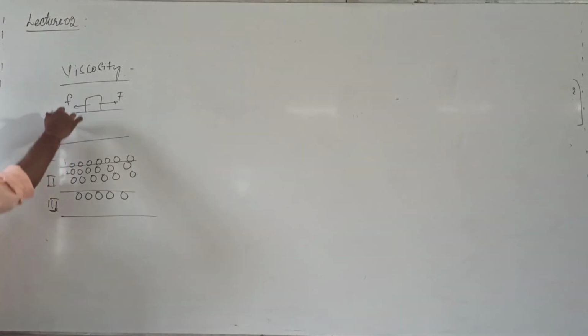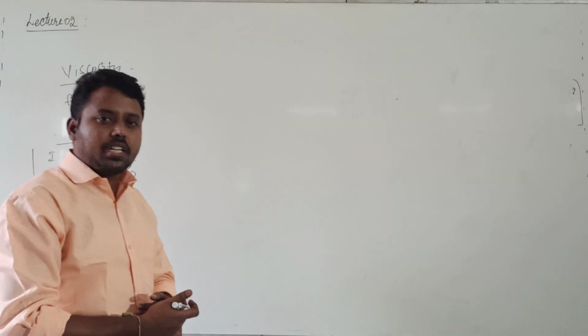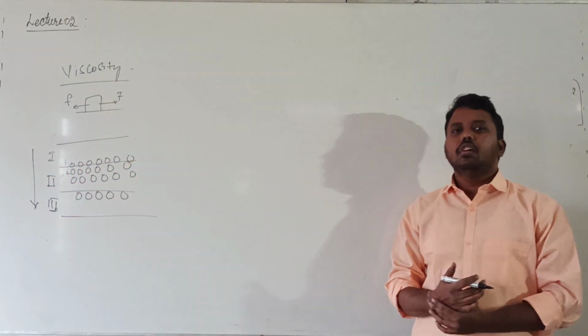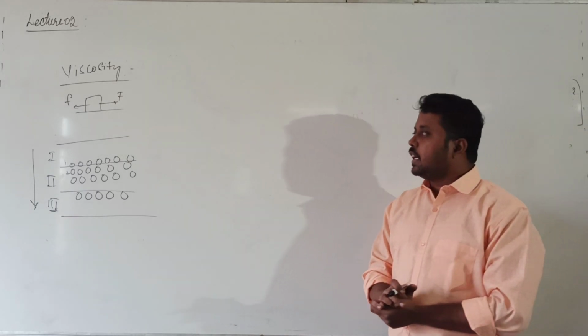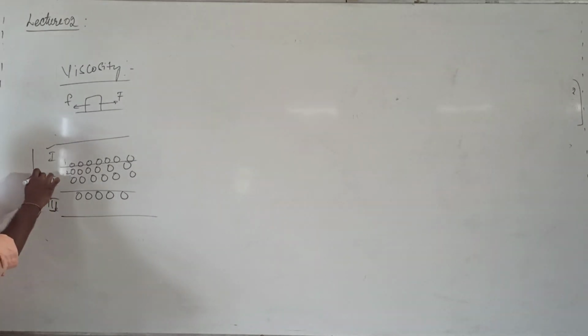So you know this. When you are going to the depth, what happens to the velocity of the layers? It decreases. The reason here is the increasing pressure. The relation between pressure and velocity we will come to know in Bernoulli's theorem. So the first layer will move with a high velocity compared with the second. The second layer will move with a high velocity compared with the third.